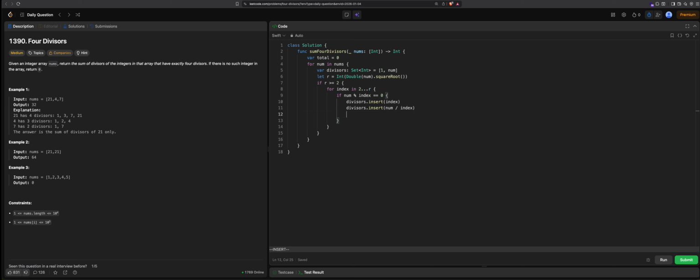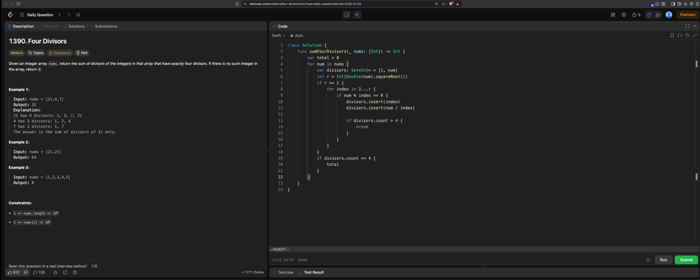Then we have a break here. If the divisors count is more than 4, we break, since we don't want divisors more than 4. If the divisors count is 4, we update the total, which is going to be the result.